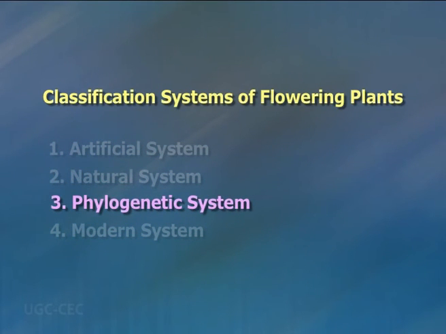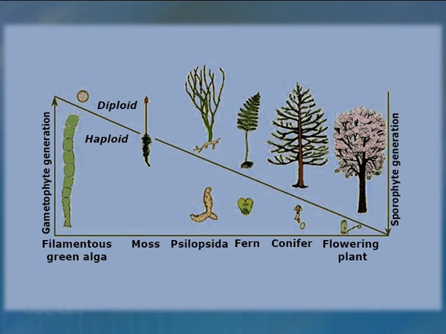Third is the phylogenetic system. The phylogenetic classification system is a modified natural system which tries to identify the evolutionary history of natural groups. This system is based on morphological characters, natural affinities and evolutionary sequence, as well as genetic relationships among different groups of plants.